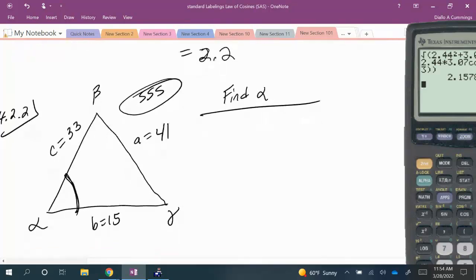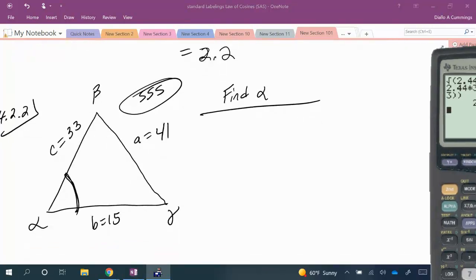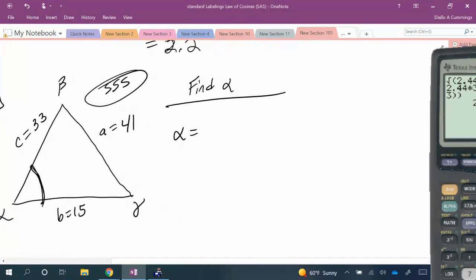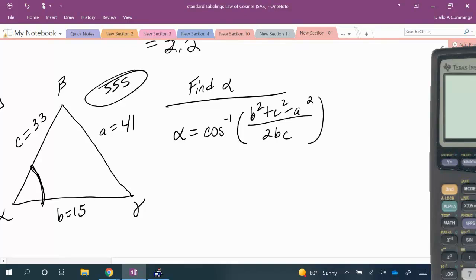Right. So now in order to find alpha, we were given a formula. We were given that alpha is equal to the arc cosine of b squared plus c squared minus a squared over 2bc.